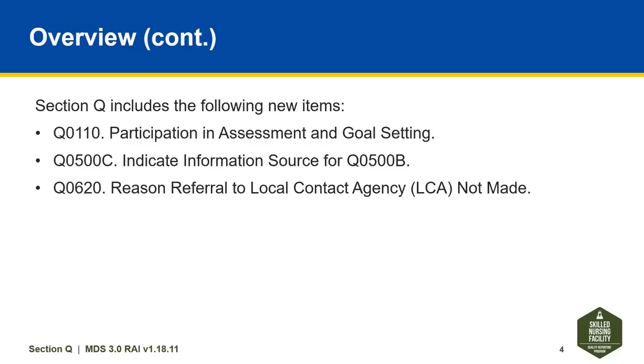Section Q includes the following new items: Q0110, Participation in Assessment and Goal Setting; Q0500C, Indicate Information Source for Q0500B; and Q0620, Reason Referral to Local Contact Agency, LCA, not made.